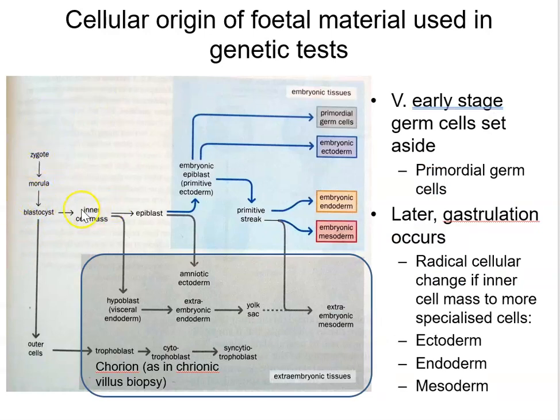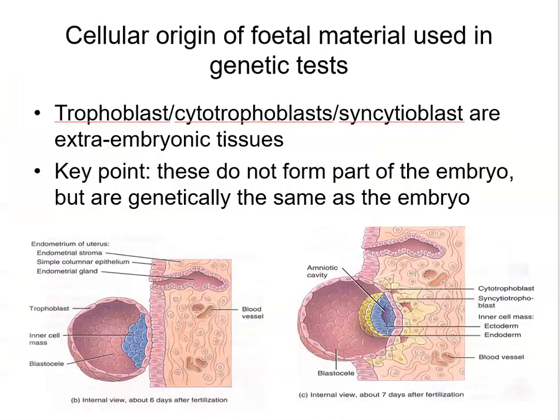The inner cell mass produces all of the cells of the embryonic tissues and some things like the amniotic ectoderm, but the outer cells of the blastocyst produce the majority of the extra embryonic tissues that we're wanting to sample. You've probably seen all of these slides before, but you can see the inner cell mass there and the trophoblast there. You can see the developing placenta here.